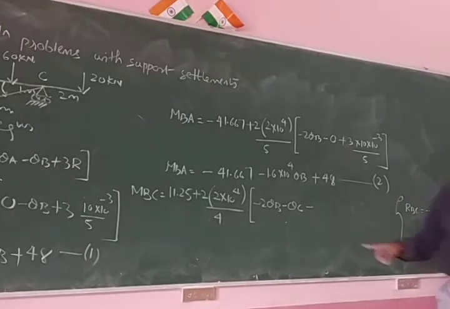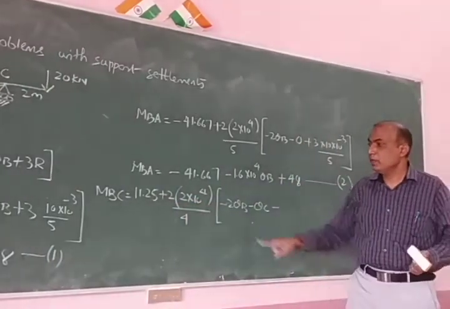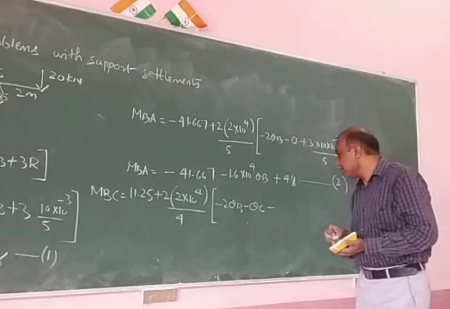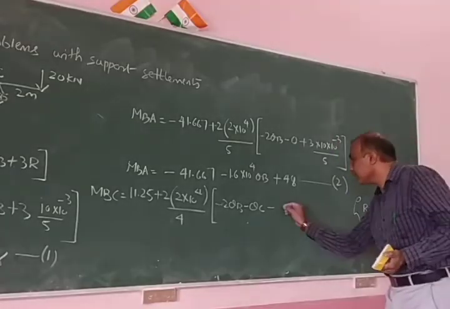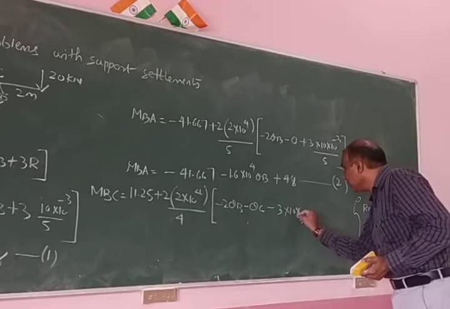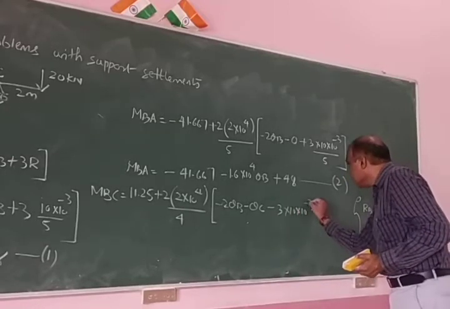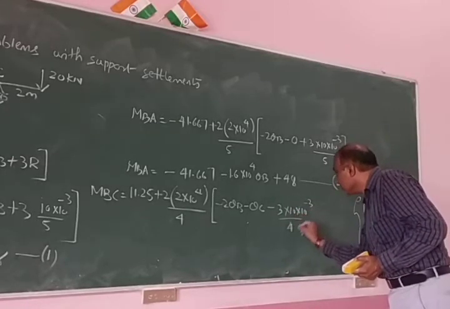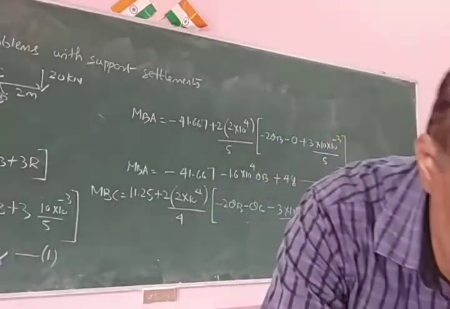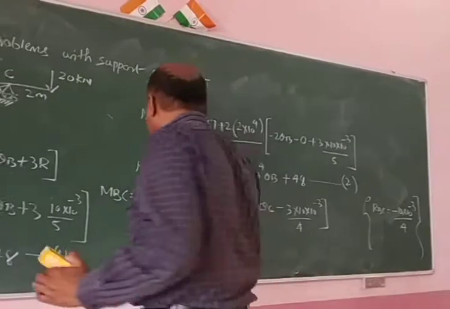So I am going to substitute. MBC is equal to MFBC plus 2EI upon L minus 2 theta B minus theta C plus 3R of BC, that is minus 3 into 10 into 10 to the power minus 3 divided by 4. So if you simplify this, you are going to get the value of MBC.